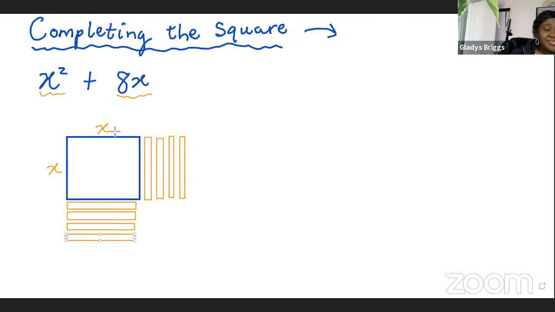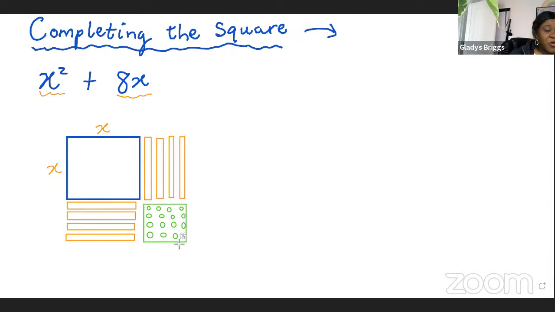But this is a square now. What do I need to complete this square? I need 1, 2, 3, 4, 5, 6, 7, 8, 9, 10, 11, 12, 13, 14, 15, 16.